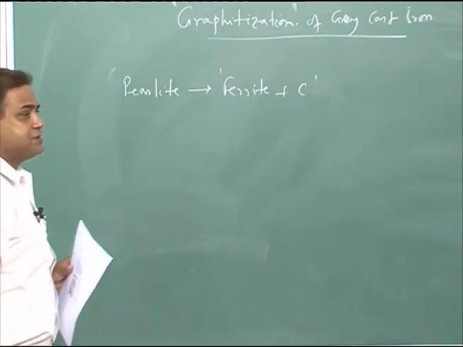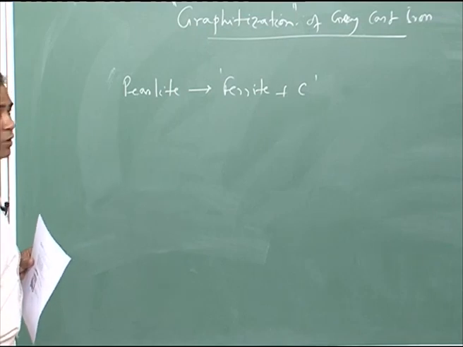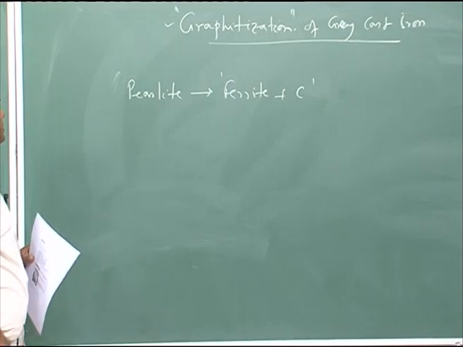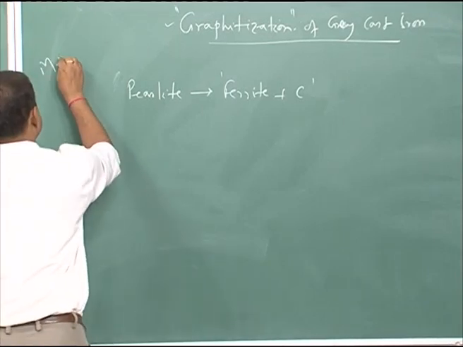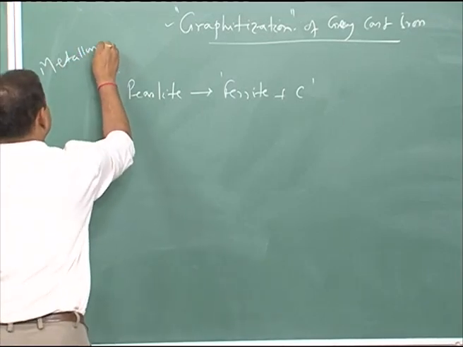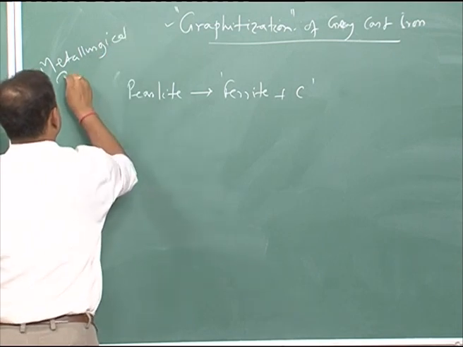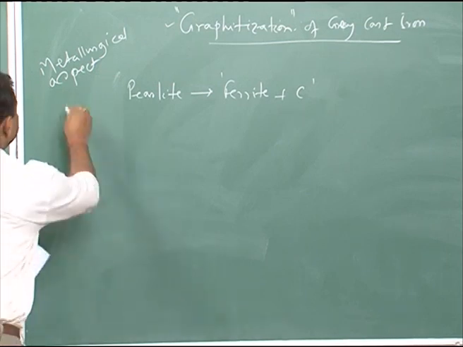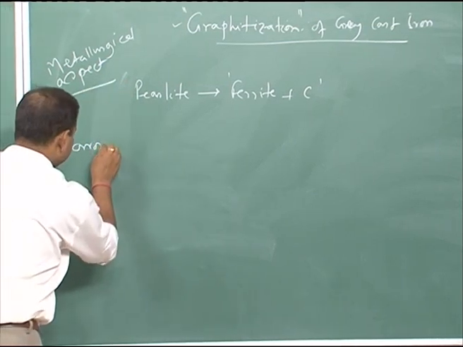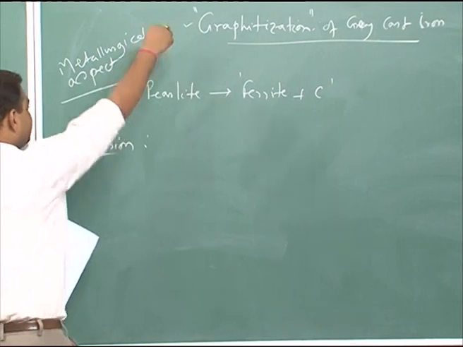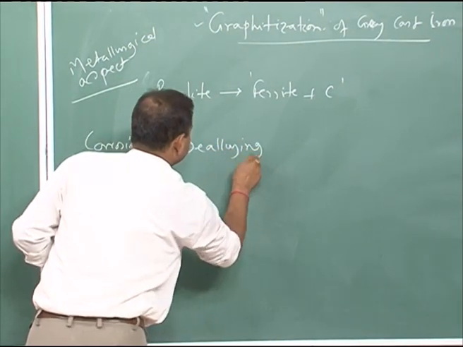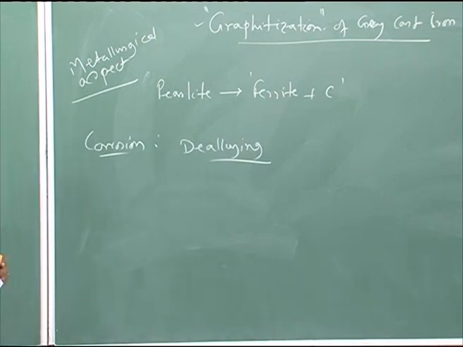This is called graphitization. But in case of corrosion, this is a different phenomenon. This graphitization is from the metallurgical aspect. In case of corrosion, this means dealloying.